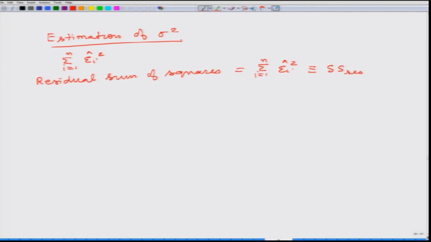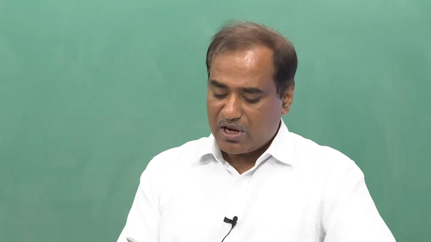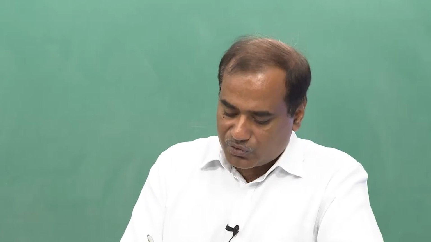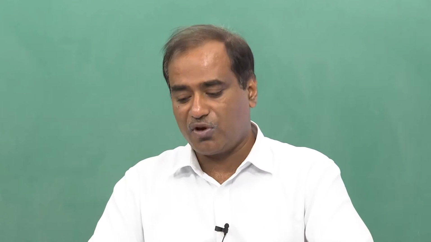SS res means sum of squares due to residuals, where res is a short form of residual. But before going further, let us try to understand it. This quantity has an important role in regression analysis. So, we would like to solve it further and obtain different possible forms of the sum of squares due to residuals.